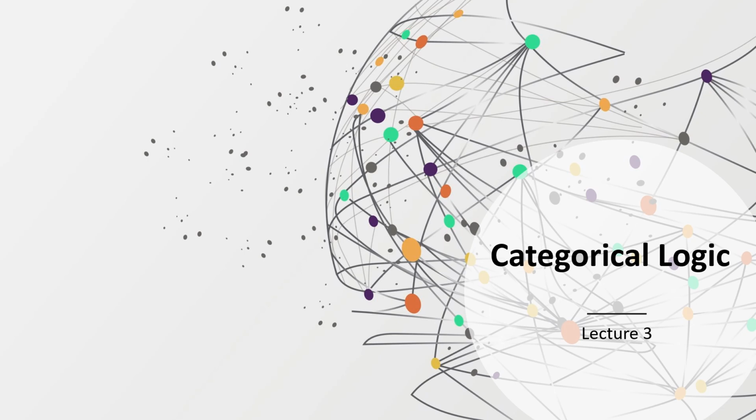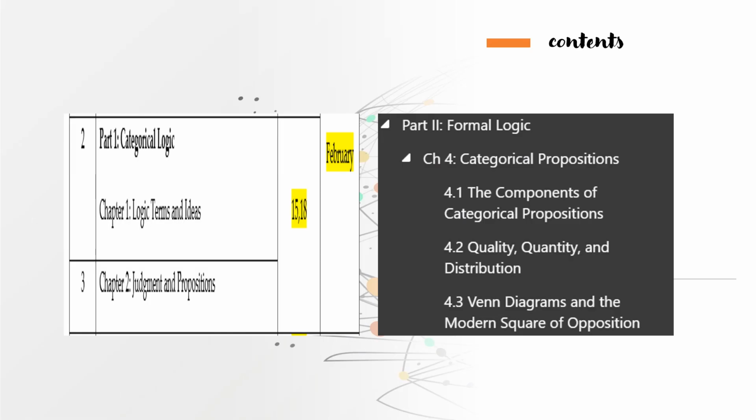Today, we will talk about categorical logic. Let me show you our current location. You can see on your left an excerpt from the syllabus, and on your right is a shot taken from the textbook.